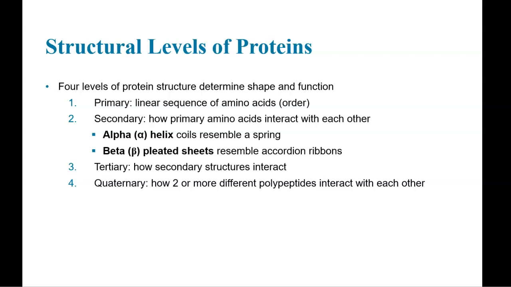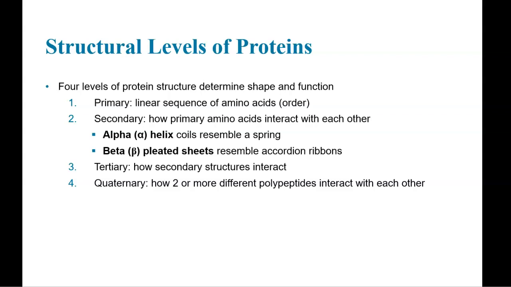First, there's the linear sequence of amino acids. These are just the chain of amino acids, like the ones we were looking at in lab when we were putting together the RNA strands with the amino acid groups. Then there's the secondary structure, which is how the primary amino acids interact with each other.